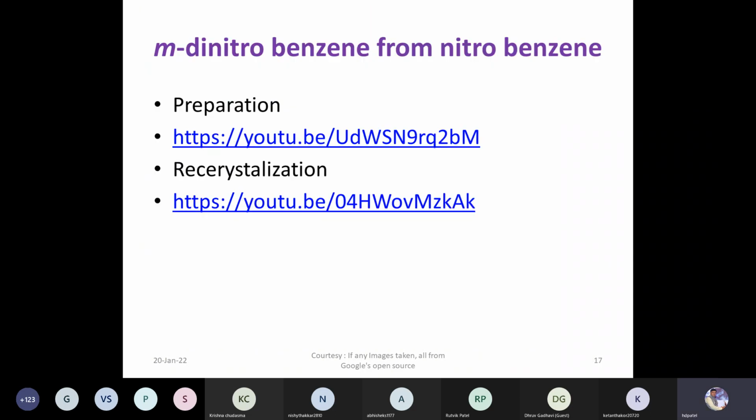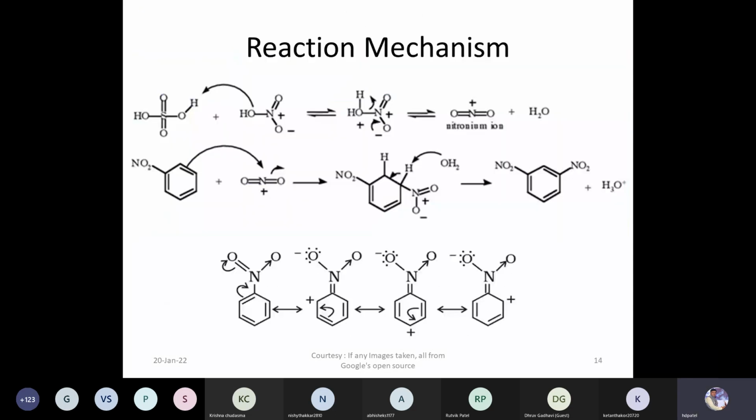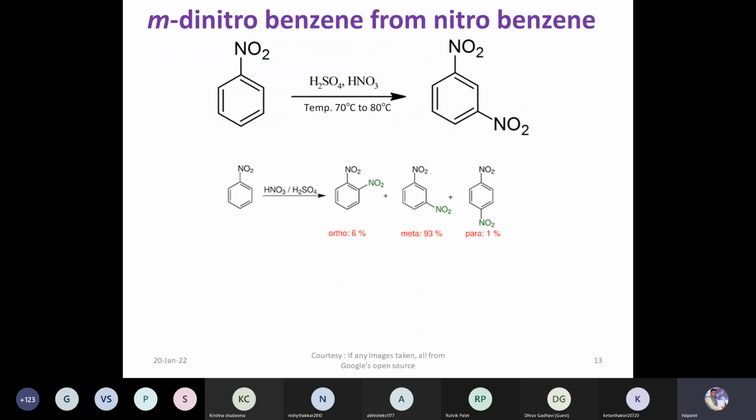So once you have the material and the calculation is complete, we have to go for the actual practical. Here the process is given, but I will explain it in simple words.